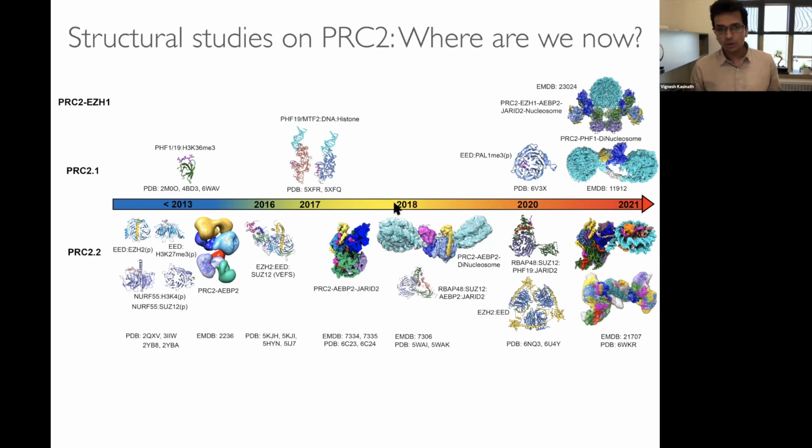The way we went about it was that our model was sufficiently high resolution to model the side chains directly. But in all cases, we did validate it with cross-link mass spec. So we knew exactly what segments of JARID2 were cross-linking to segments of, let's say, SUZ12 or EZH2, or even AEBP2 for that matter. So we were able to validate all our modeling with cross-link mass spec.